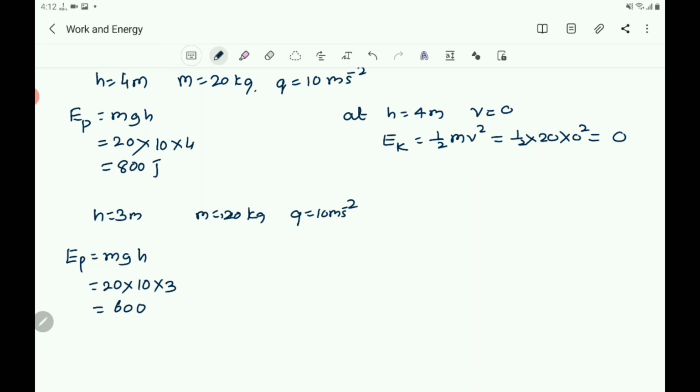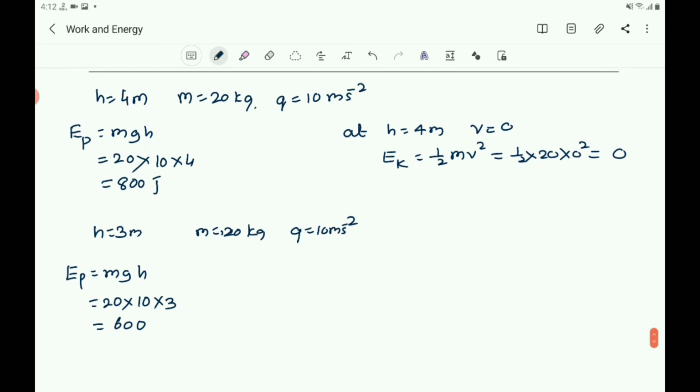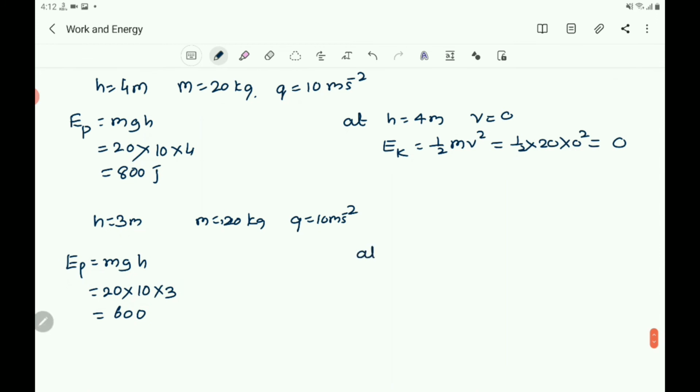Now let us find the kinetic energy. To find the kinetic energy, velocity is required at h equals 3. Here the distance travelled is s equals 4 minus 3 equals 1 meter. Then you know the formula v square minus u square is equal to 2gs. Here u is 0. So you have v square minus 0 is equal to 2 into 10 into 1.